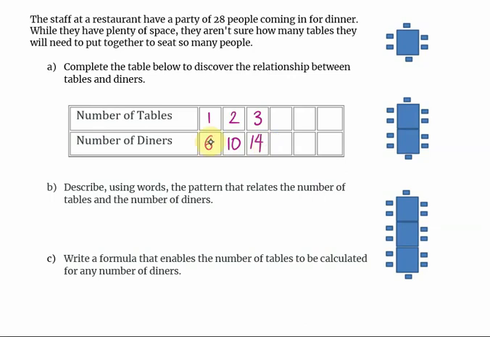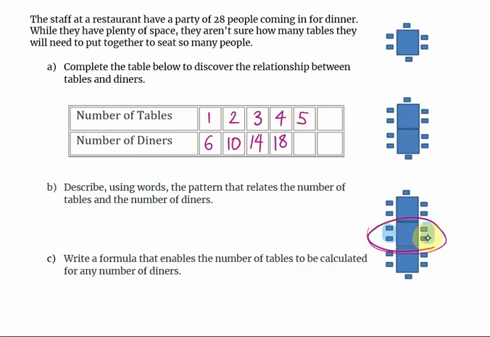We can see here we've only filled half the table with the diagrams that we've got, so let's look at the pattern. If I were to add another table, I would be able to get 4 more people seated on that table. And so if I had a 4th table, I would have 14 from 3 tables plus 4 more would give me 18 people. If I were to then have 5 tables, once again, I'd seat 4 more people in the middle.